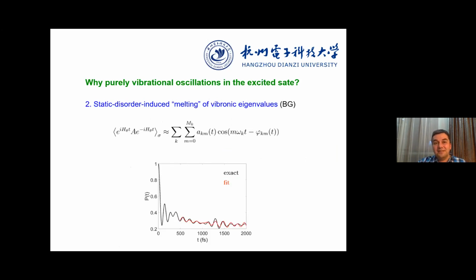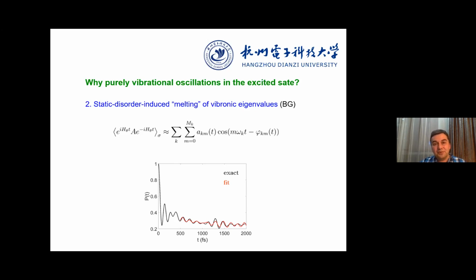And the reason is this static disorder-induced melting of vibronic eigenvalues of our system. If you have an exciton vibrational system and you have excitonic couplings, all your vibronic systems depend on excitonic energies, and of course inter-excitonic couplings.